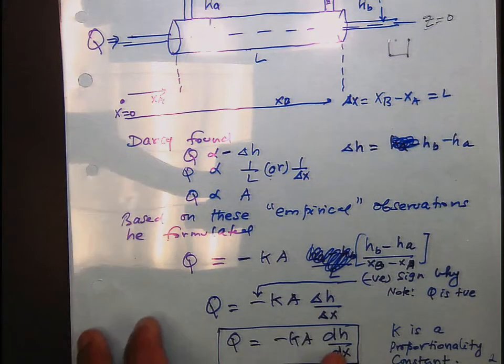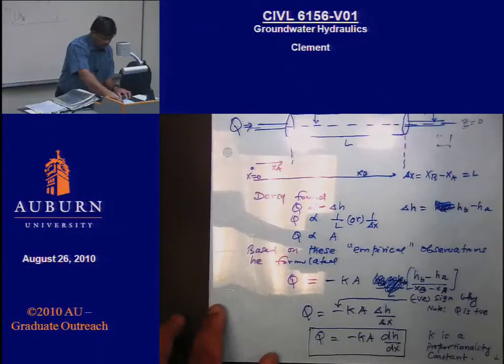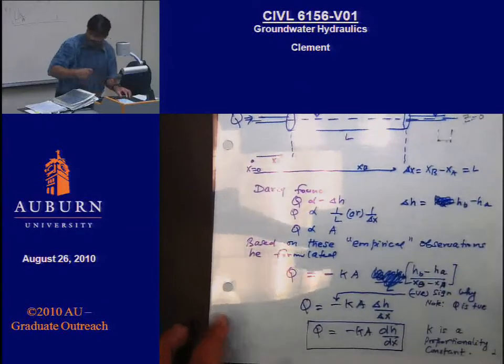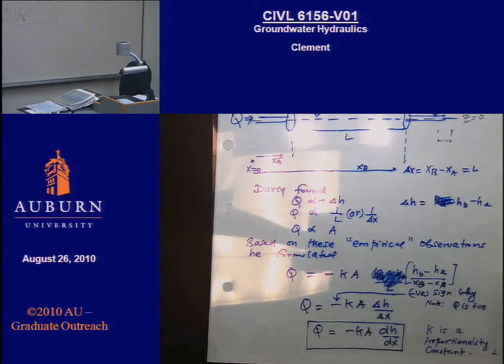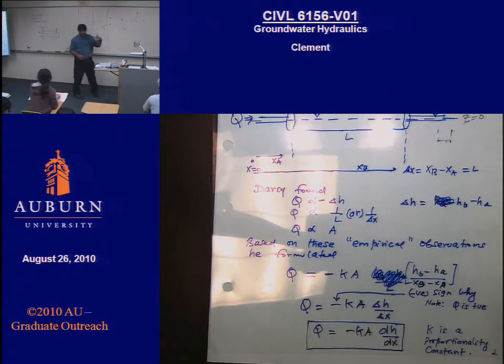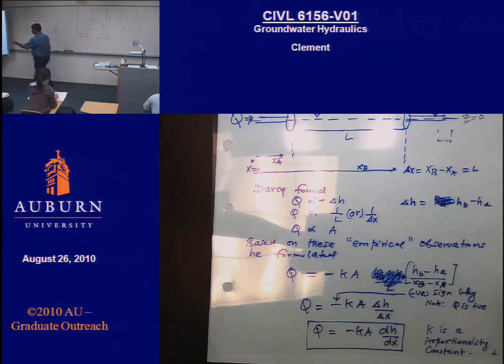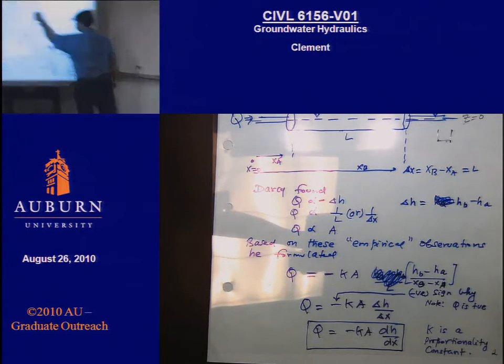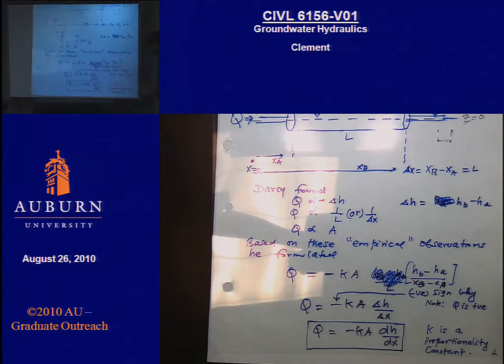Now why do we need a negative sign? Because flow is a positive quantity. If the flow is going along the positive x direction, it should be a positive quantity.